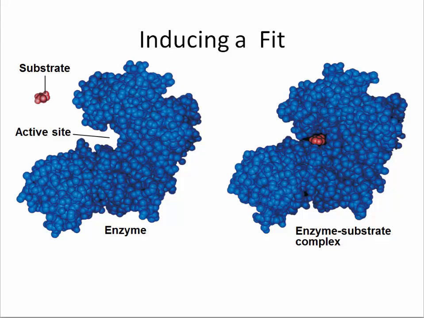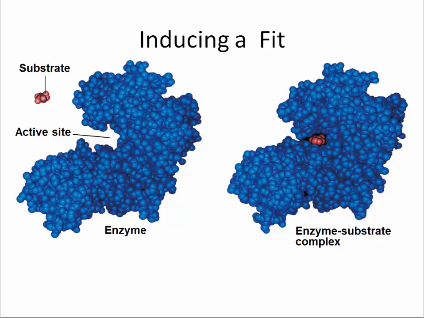So the blue part with little balls is an enzyme, and you can see the active site, which looks like its mouth, and you see the little red stuff, which is called a substrate. Well, when the substrate actually goes and binds with the active site, notice what happens to the enzyme. It looks like it's going chomp.